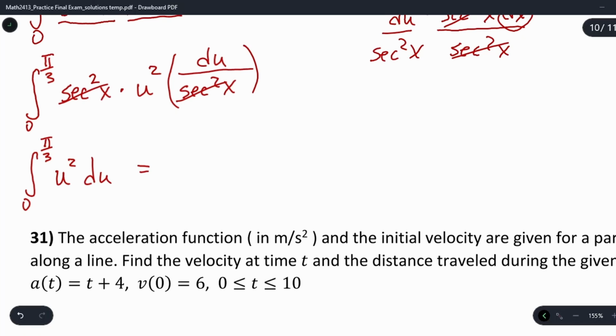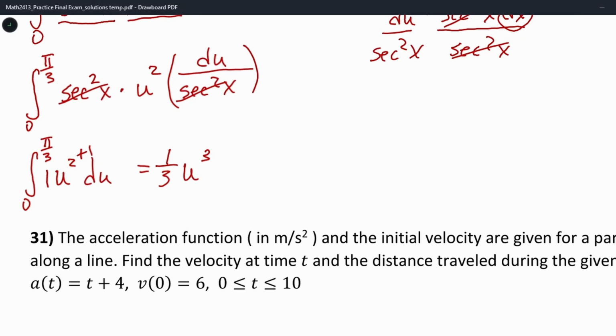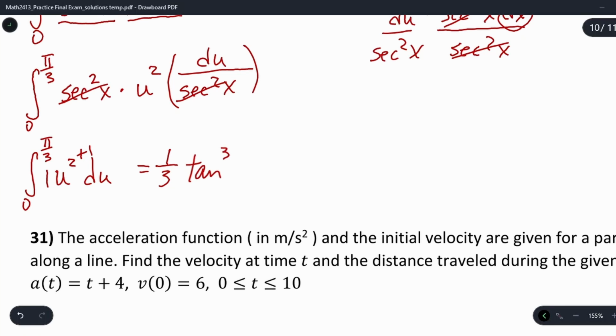The antiderivative of u squared, if we add 1, gives us a u cubed, and then divide the coefficient by the new exponent, giving us a third. And then we can replace u with what it's equal to. And u was just tangent x. So this is going to be 1/3 tangent cubed x, and then evaluated from 0 to pi over 3.